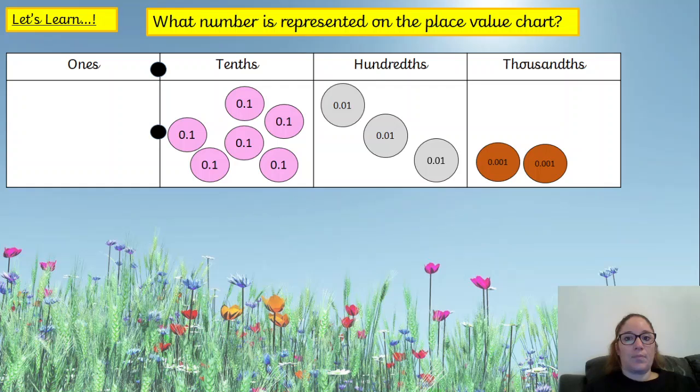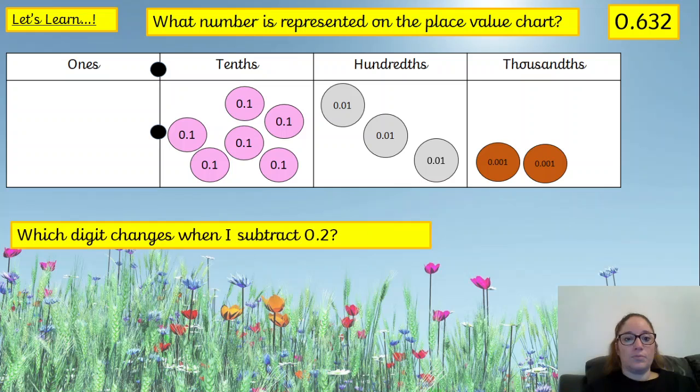Excellent. Okay, let's have another go. This time we've got 0.632, because we've got 6/10, 3/100ths, 2,000ths. What digit changes when I subtract 0.2? So let's take away 0.2, which we know are tenths. Take 2 of those away.